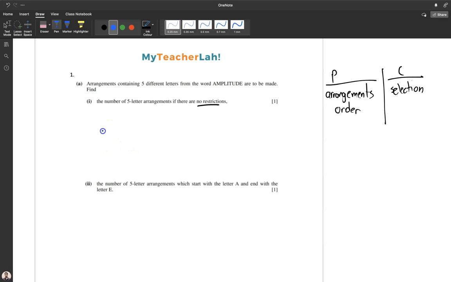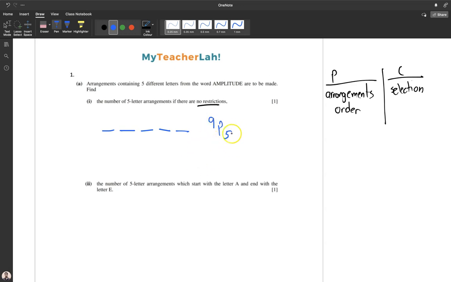We first take out 5 spaces, because I'm basically trying to fill up the number of different ways I can do the arrangement. You don't necessarily need to do this, it's just to showcase for the first time. So you just take out of the 9, the permutation of 5.